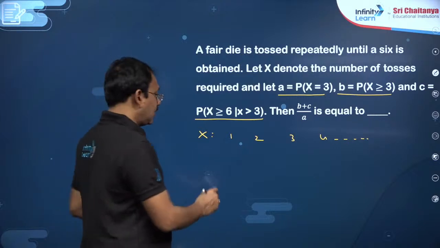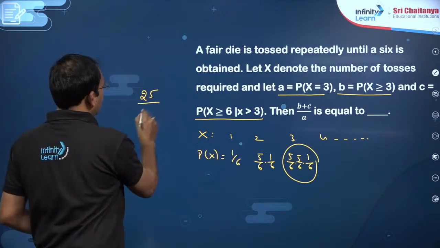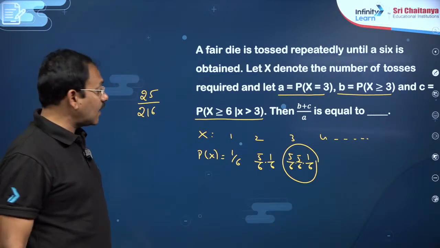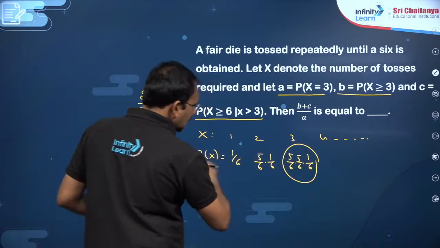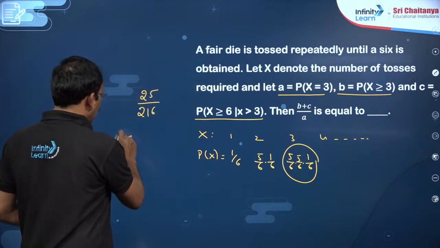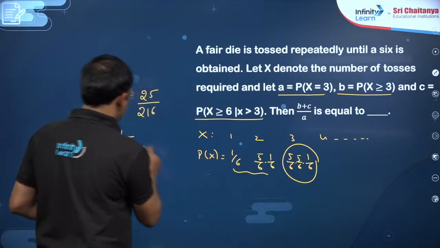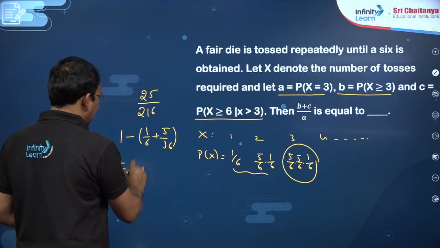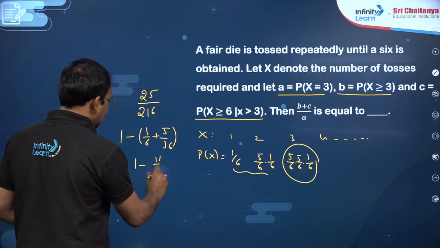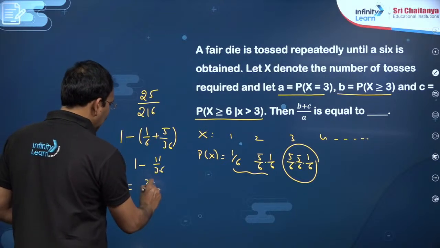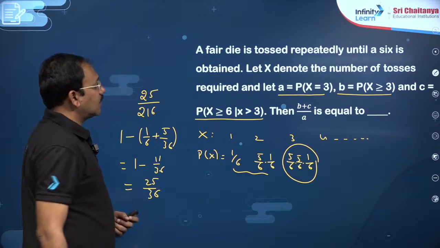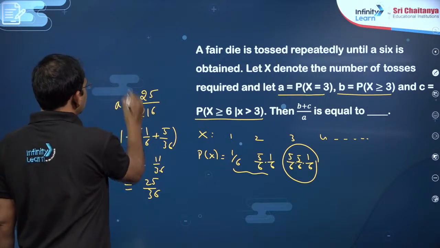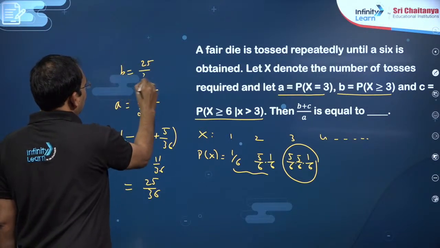What is the probability that in the first trial itself... A is 25 by 216, and P of X greater than or equal to 3 means the sum of all probabilities must be 1 minus, you can subtract these two, which is 1 by 6 plus 5 by 36. So 1 minus 11 by 36, which is 25 by 36. So B is nothing but 25 by 36.